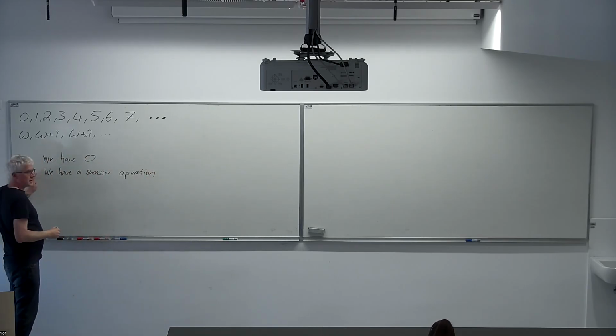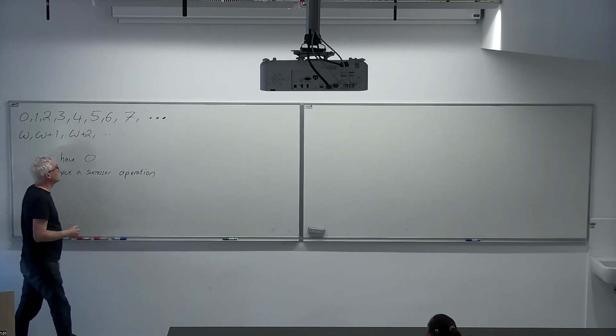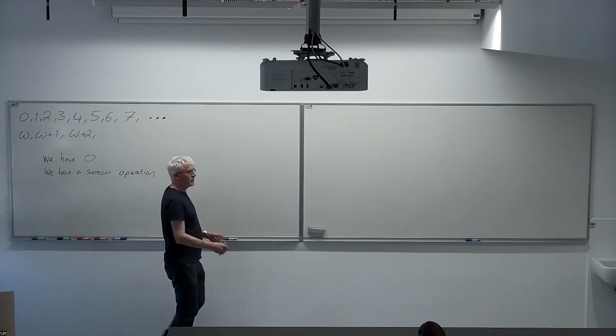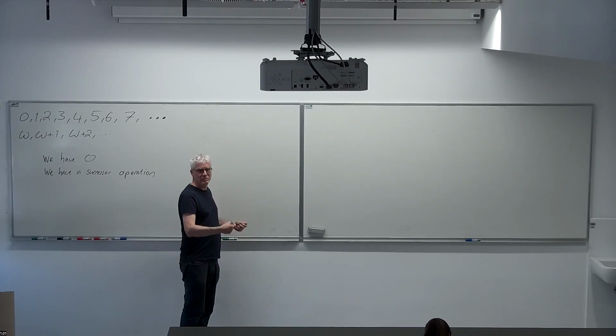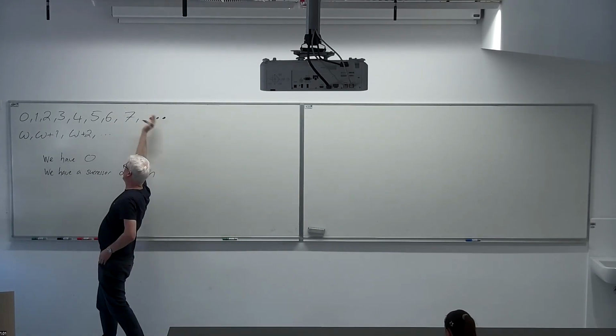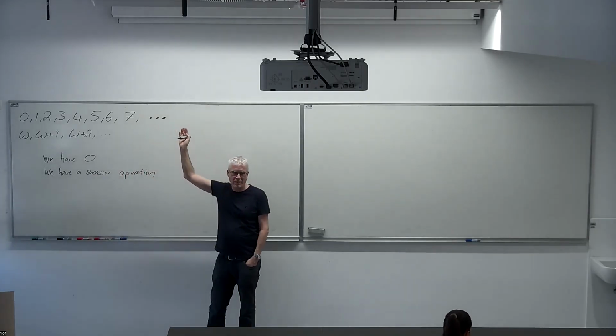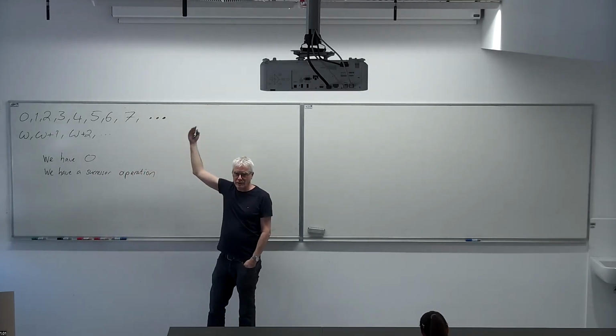And these two ingredients, these are the ingredients that generate the natural numbers. But with the ordinal numbers, we've got a third ingredient, and that is, once we have generated some set of ordinals, so for example, when we generated the set of all the natural numbers, we can then move beyond that.